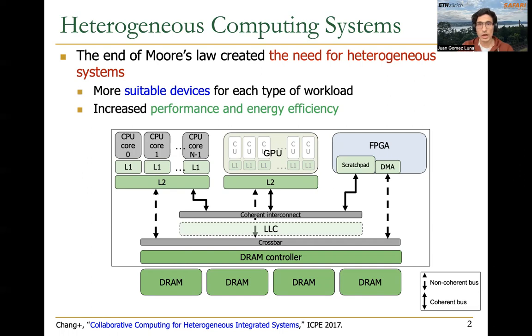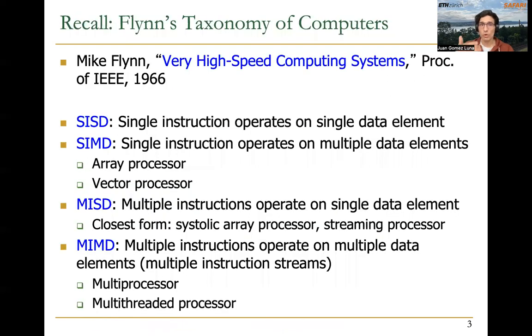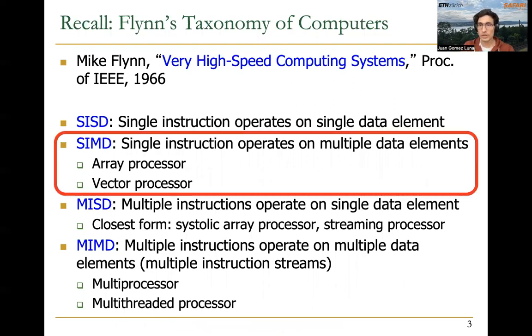That's why we have started the course with classifying computers into three main classes or types according to Flynn's taxonomy. Remember that the other day we highlighted SIMD processors, where a single instruction stream operates on multiple data elements.